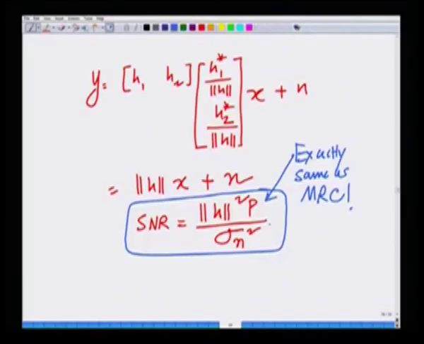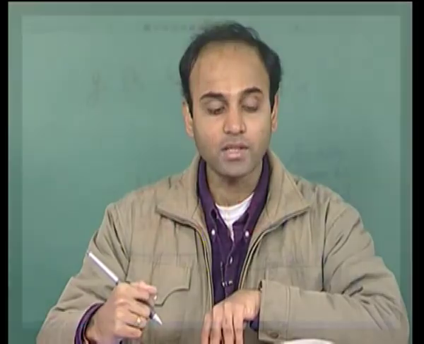This says Tx diversity is similar to Rx diversity, that is, having multiple transmit antennas is similar to having multiple receive antennas. But is this exactly the same thing? Is having multiple antennas at the transmitter exactly the same as having multiple antennas at the receiver?